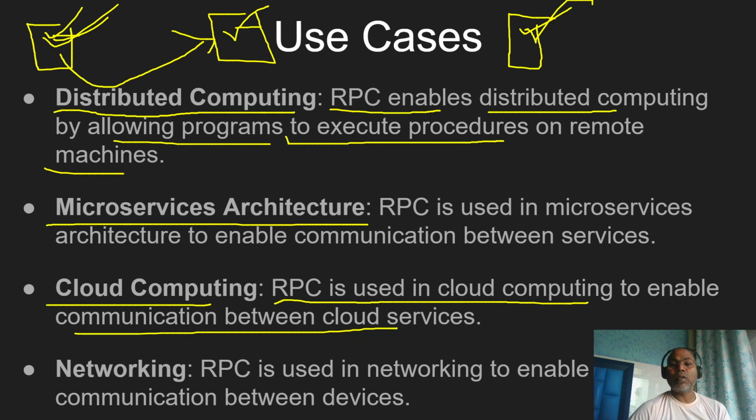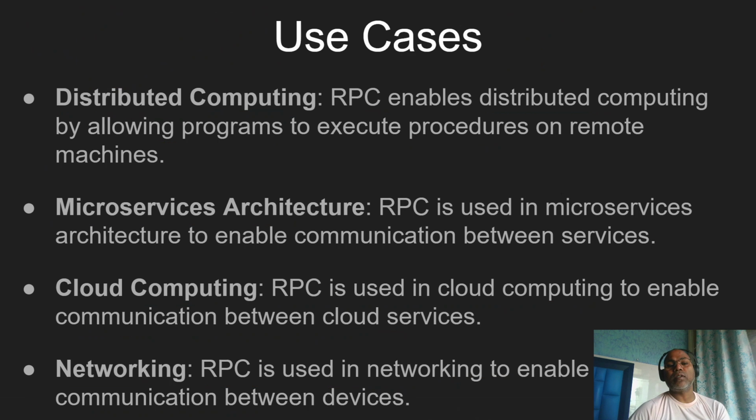All the communication between one node and another is possible through RPC. And in networking, RPC enables communication between lots of devices. So you can say RPC, though not directly visible, is hidden in many application infrastructures, where it enables communication and data exchange between devices and computers.